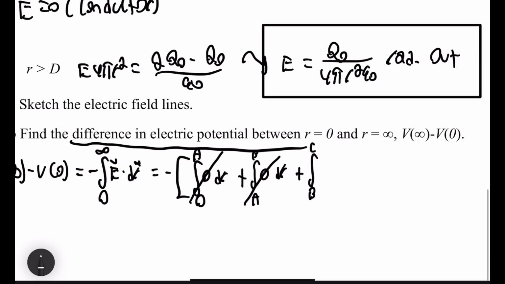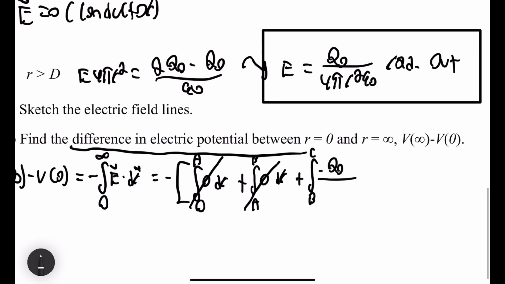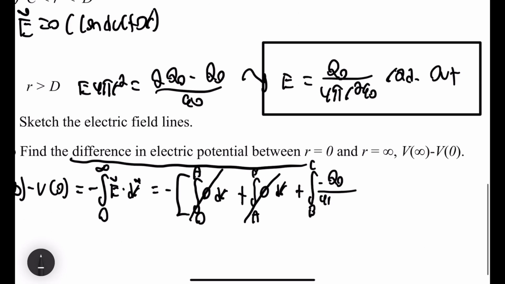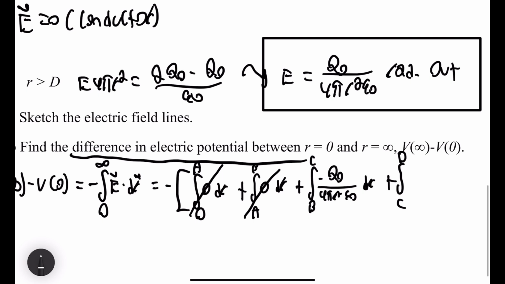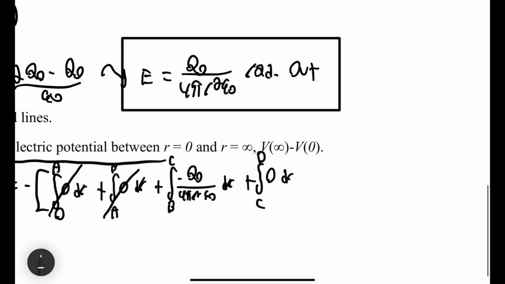Here it's not 0, I have negative Q naught over 4 pi r squared epsilon naught dr. And then my next integral will be from c to d, but here it's 0, so this goes away too. And plus the last integral from d to infinity, here it's not 0, here it's Q naught over 4 pi r squared epsilon naught dr.